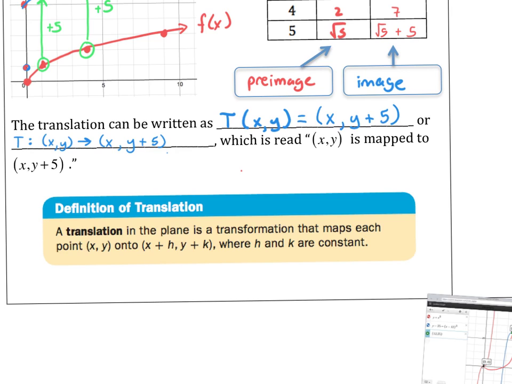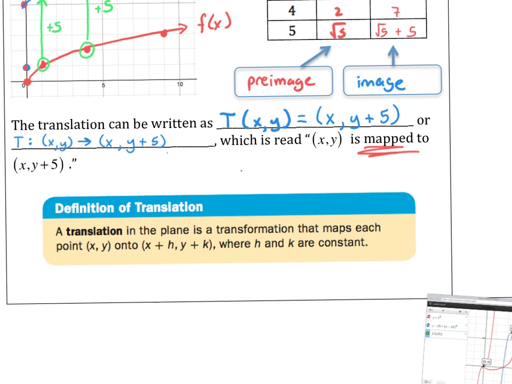And this is how we read it. x y is mapped to x, y plus 5. So x doesn't change, but the y does. And we usually say is mapped to just talk about the shifting that occurs.